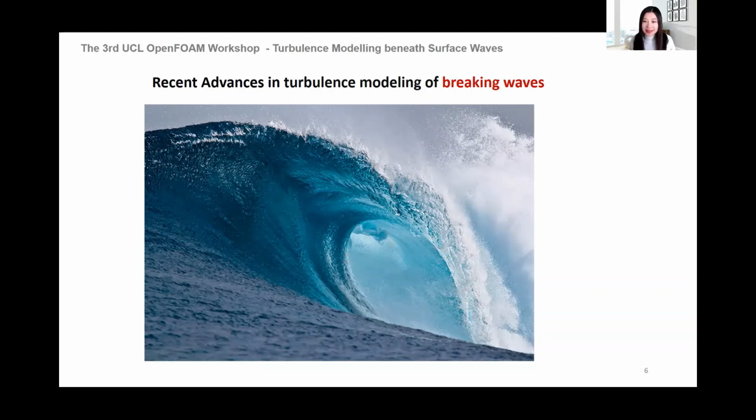From this figure, you can see that breaking waves are a really fascinating phenomenon, but they can be a pretty big threat to coastal areas and also coastal infrastructures. And now with climate change, we expect to see more extreme waves, and it can be a major threat to coastlines and also offshore and coastal structures. Therefore, accurately predicting the breaking wave hydrodynamics is very important.